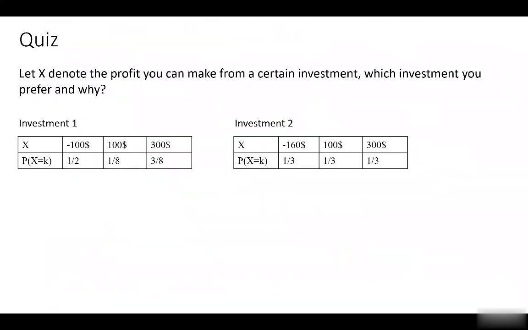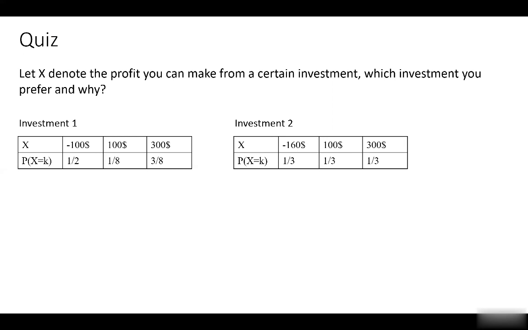Let X denote the profit you can make from a certain investment. Which investment do you prefer and why? Suppose we have the following two investment options. Investment one: if we denote X as the profit you can make, you have a 50% chance to lose 100, a 1/8 probability of winning 100, and a 3/8 probability of profit 300.